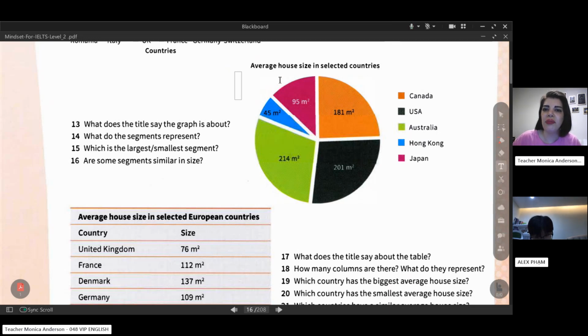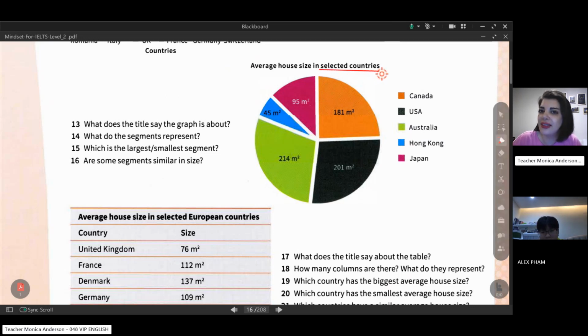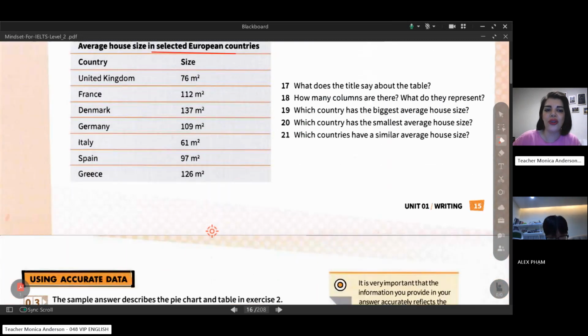First of all, the pie chart is selected countries, of course, and they are different. So you need to write the pie chart provides information about the average house size in selected countries and the table in selected European countries.